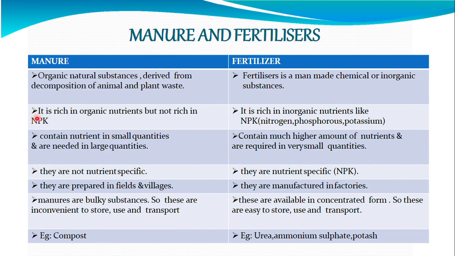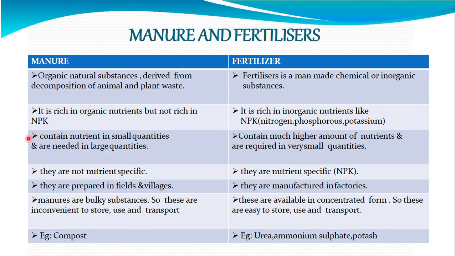Manure is rich in organic nutrients but not rich in nitrogen, phosphorus and potassium. Fertilizer is rich in inorganic nutrients like nitrogen, phosphorus and potassium.